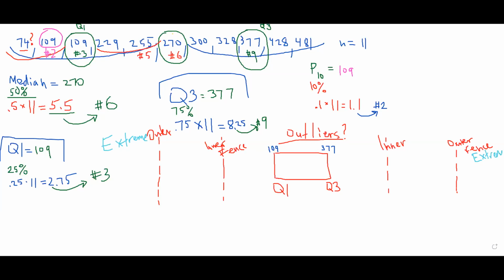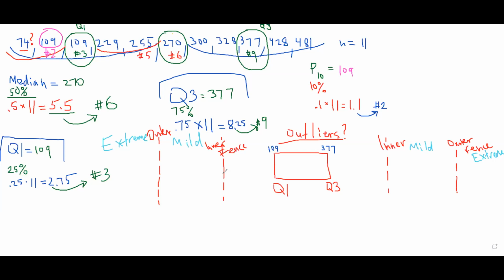And in between those fences, we have so-called mild outliers. So based on the picture of the box, I will be able to produce those fences. And then depending on sample elements, I'll be able to identify if we have any outliers here at all, and of course, characterize them as extreme or mild.